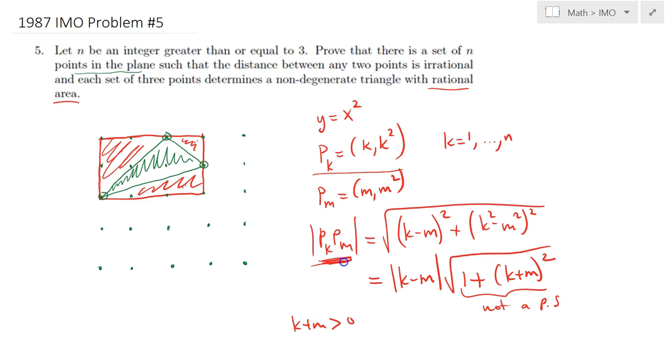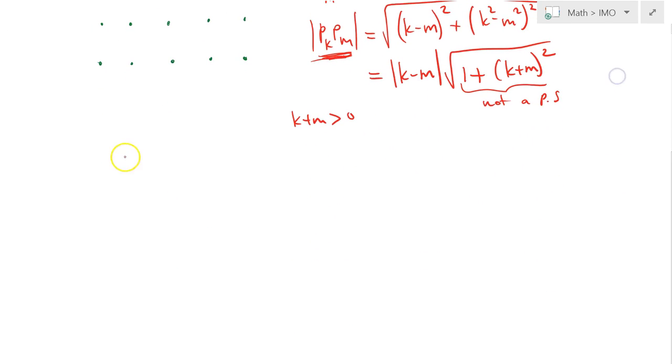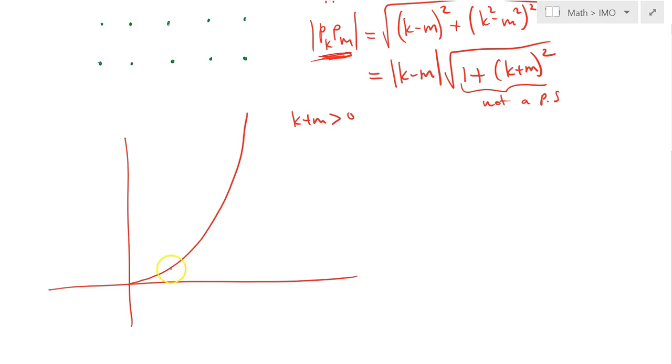So the distance is irrational, yet for any points on this parabola, let's draw the parabola. We decided to pick the points (1, 1), then (2, 4), for example, somewhere here, (3, 9) and so on.